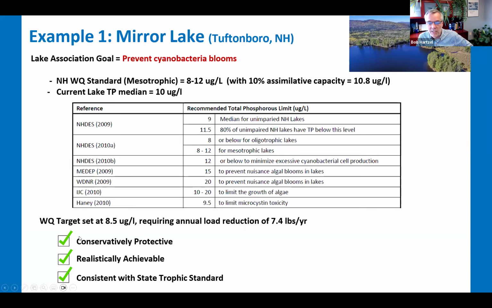So it checked the box of being conservatively protective. This goal would put their water quality right on the low end of the state mesotrophic range. It was realistically achievable, meaning they didn't have to reduce their watershed load by 80% to reach it. It was a modest amount of reduction. And it was consistent with the state trophic standard that the lake was put into.